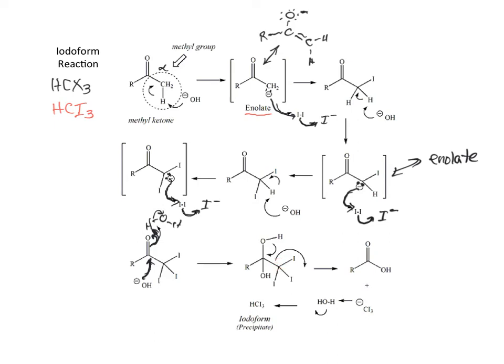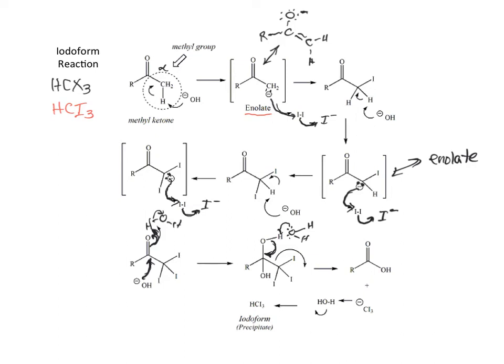So if we have something that can accept that hydrogen ion, like water, then this pair of electrons can swing back in to form a carbonyl, but we need a leaving group.